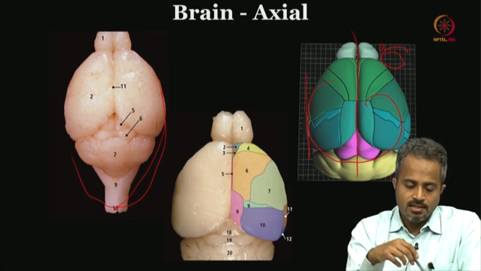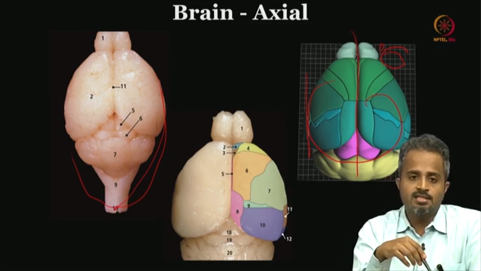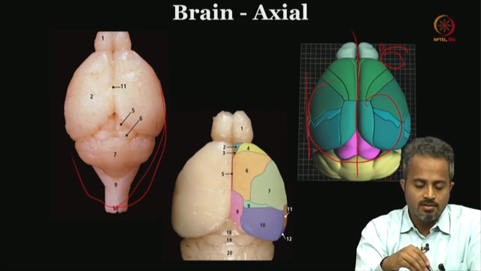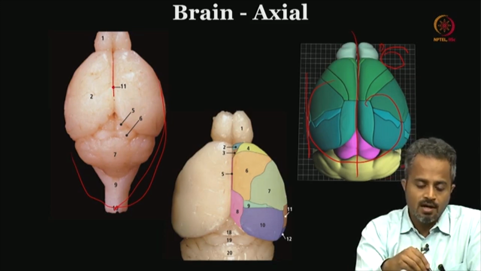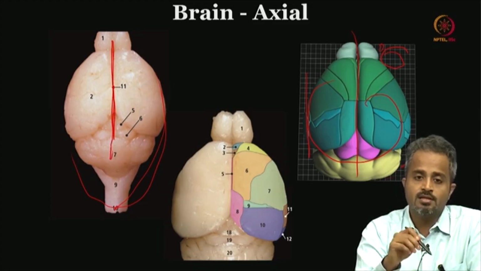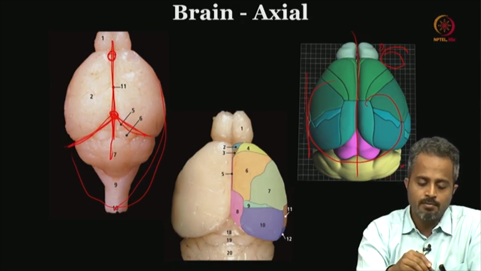Let us see how the rodent brain is divided into different areas. That corresponds to the center point of bregma. This is the sagittal suture that I was talking about in the skull. This would be the lambda and that would be the bregma approximately.